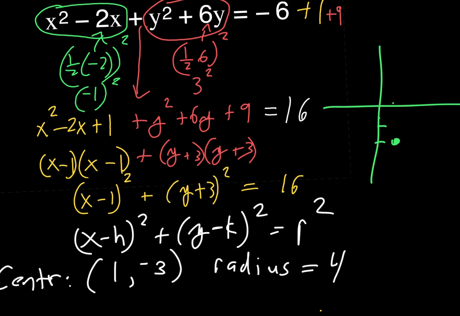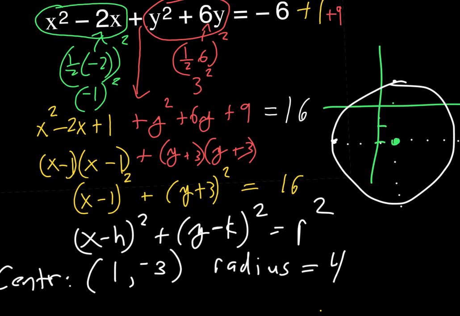The radius is 4, so it'll be up 4 to that point. 1, 2, 3, 4 over there. 1, 2, 3, 4 over there. 1, 2, 3, 4 down, about like that.